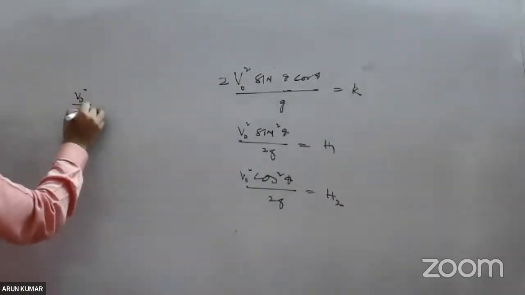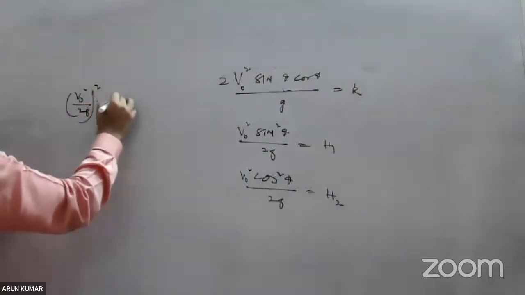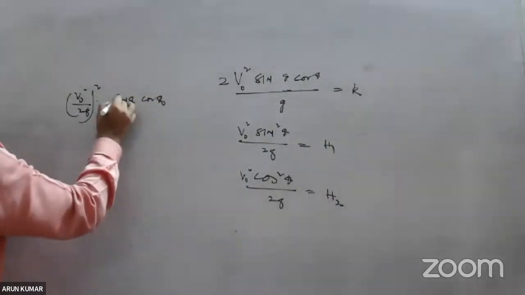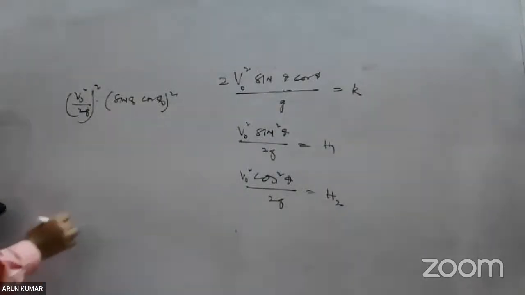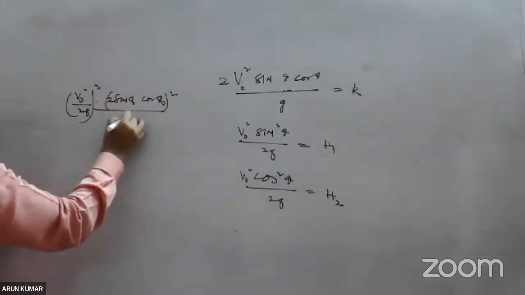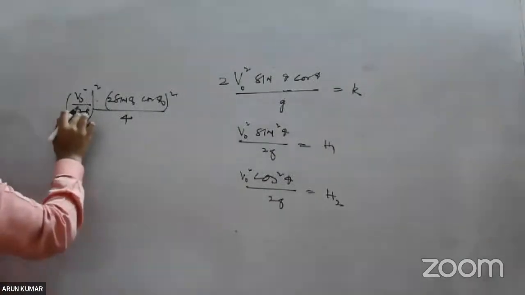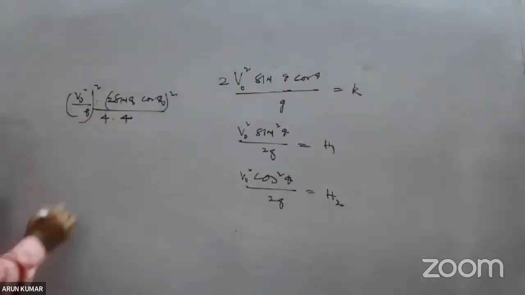So V naught square by 2G whole square, sine theta cos theta whole square. If I multiply and divide by 2, I'll get this. This 2 comes out, so that becomes 4 again.